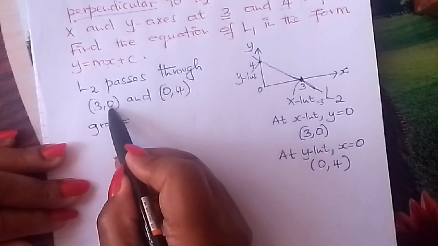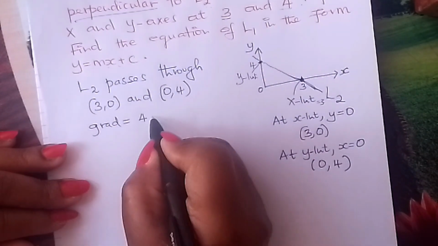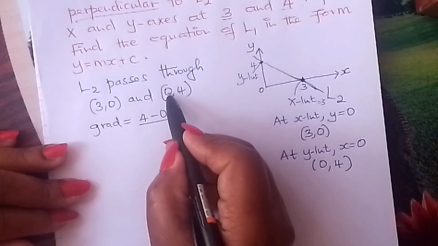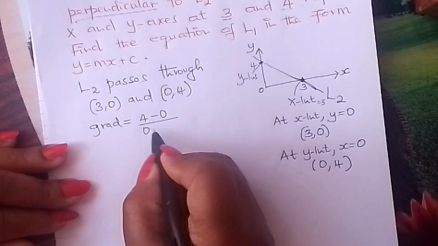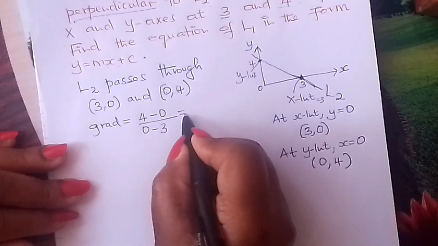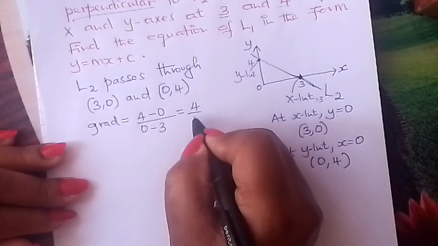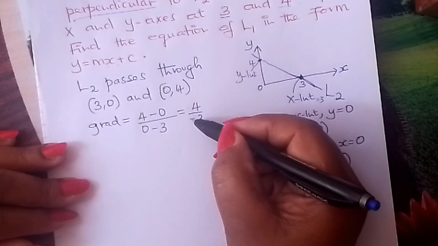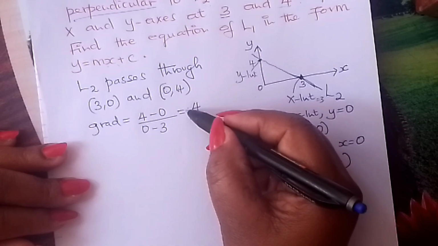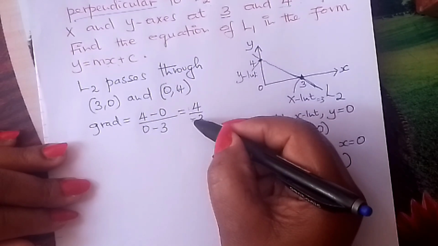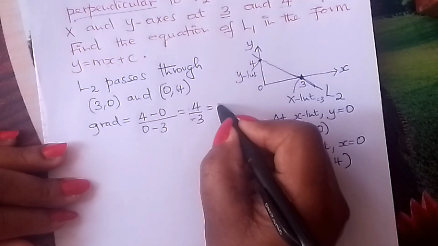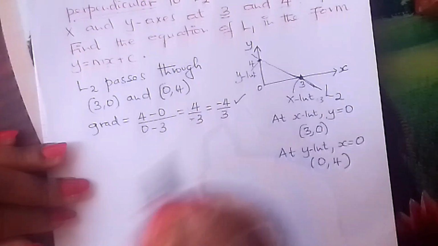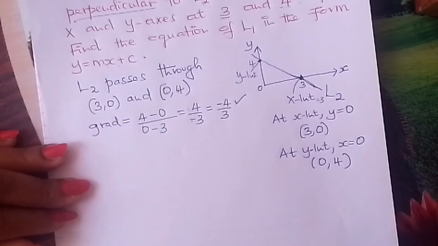Change in y, that is 4 minus 0, divided by change in x, 0 minus 3. So this gives us 4 over negative 3. Positive divided by negative gives us negative. So we can write this as negative 4 over 3. That is our gradient of L2.